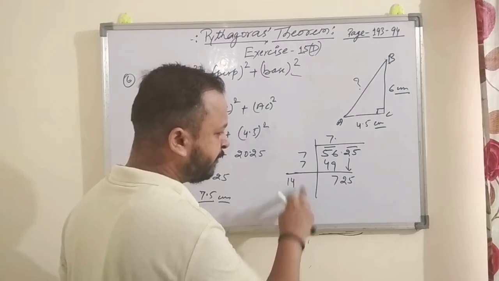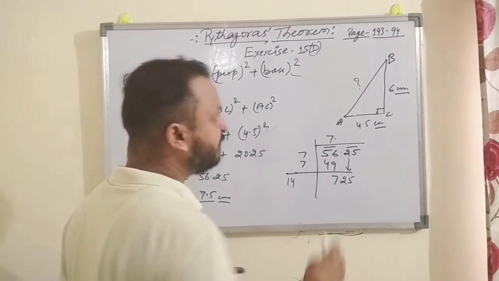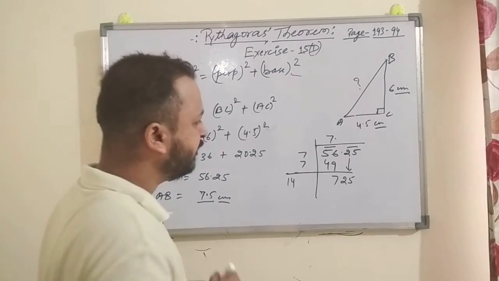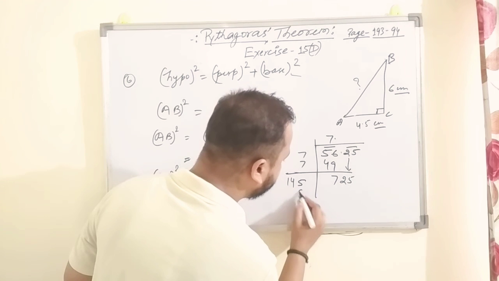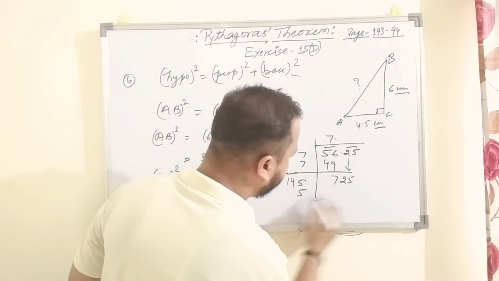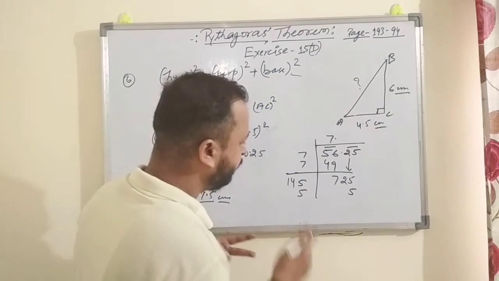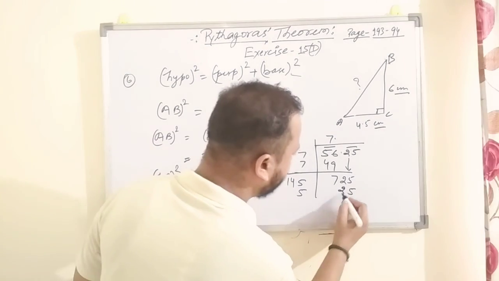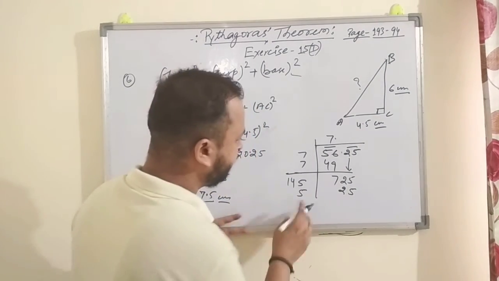So again we have to multiply by the same number. We know that 5 into 5 becomes 25, right? So here 5 5 is 25, carry 2, 5 4 is 20, plus 2 is 22, right? Carry 2, 5 1 is 5, 2 7.